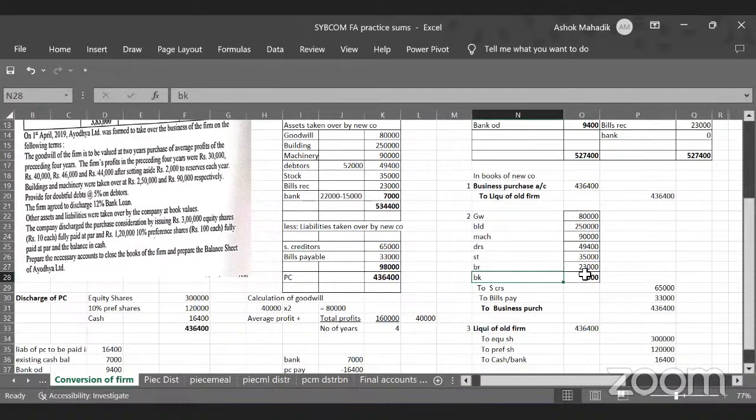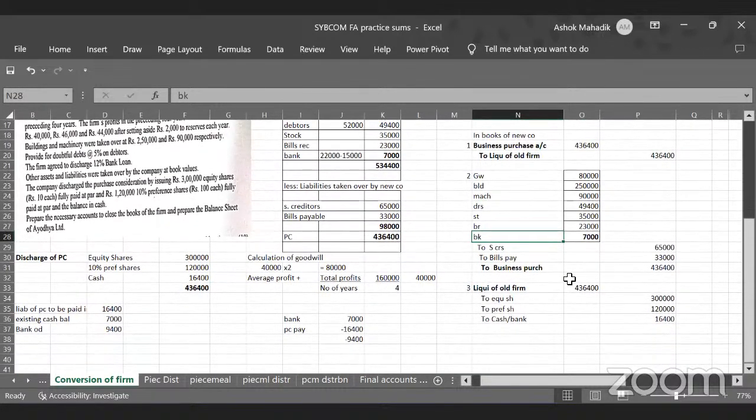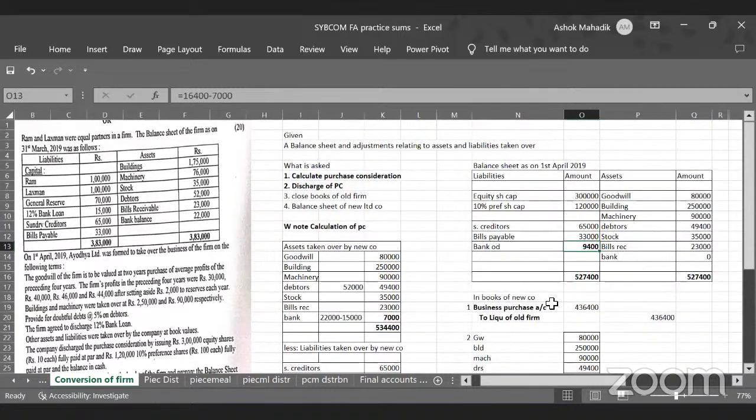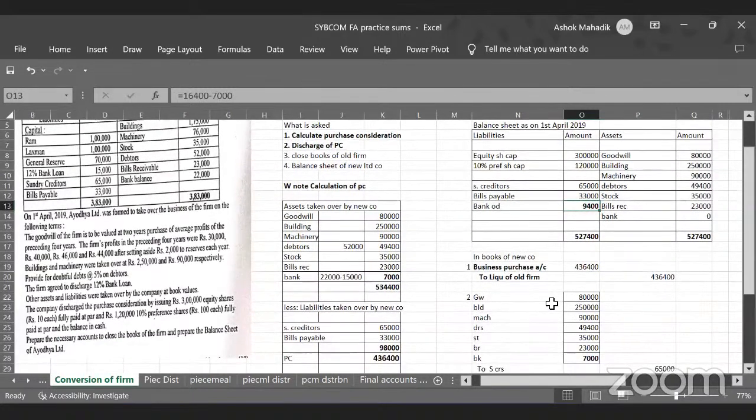How much? 7,000. And we have to pay the liquidator 16,400. If we find the difference, we had 7,000 but we paid 16,400 to the liquidator. So we are in negative, 9,400. Therefore, it is showing as bank OD on the liability side. Is this clear, students? I hope this is clear.